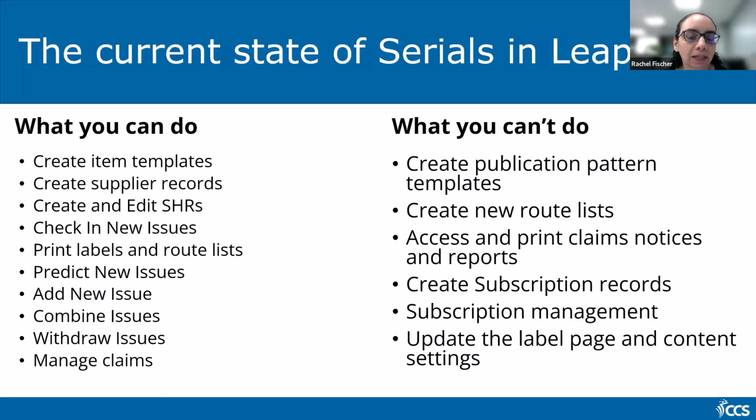The only thing you would need to access the client for is if you need to print out a claims notice from the client, or if you want to look at the canned reports about the missing and unreceived issues. However, the majority of your tasks, as I said, are completely in LEAP.